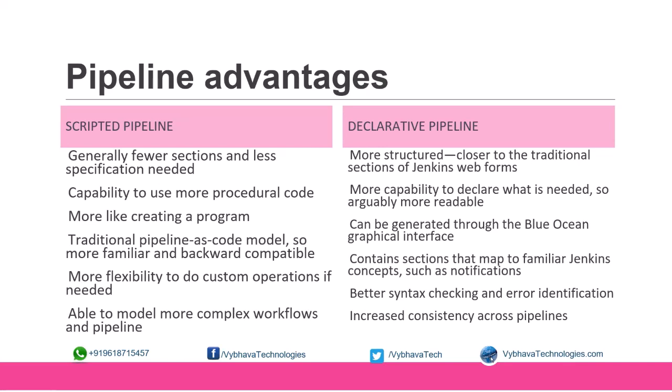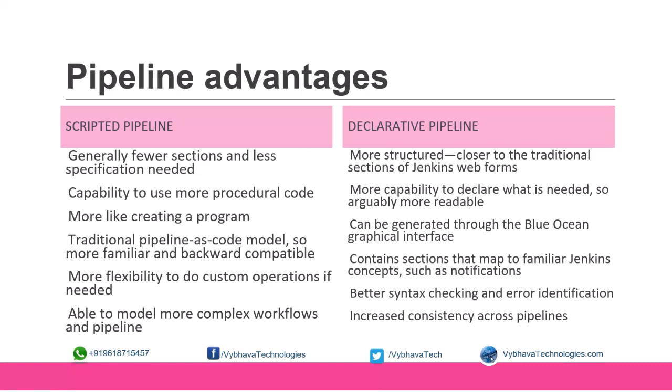Generally, whenever you have a few sections and less specification needed, then you can go ahead with the scripted pipeline, because programmers can easily develop the scripts, whereas declarative is for freshers or newly constructing Jenkins jobs. They can go ahead with this declarative pipeline.